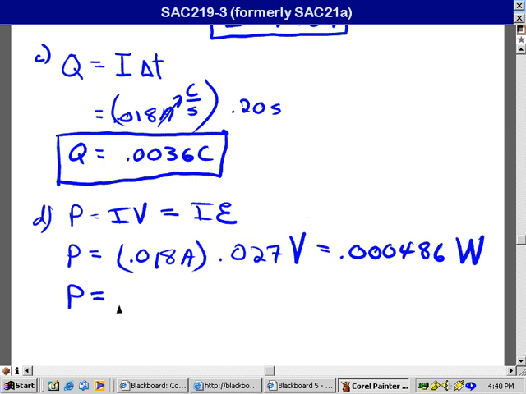An ampere volt is a watt, and I'm going to round that off to 0.00049 watts.